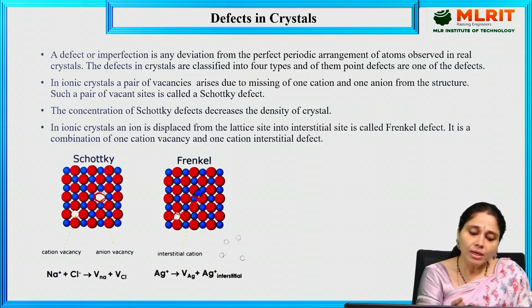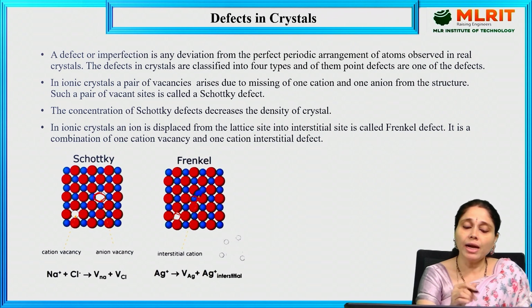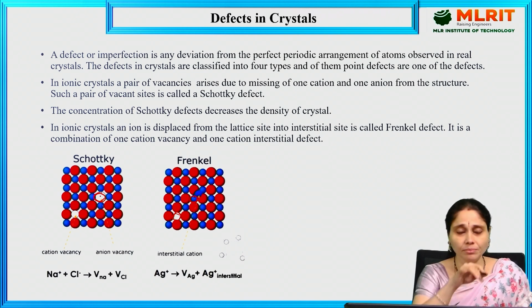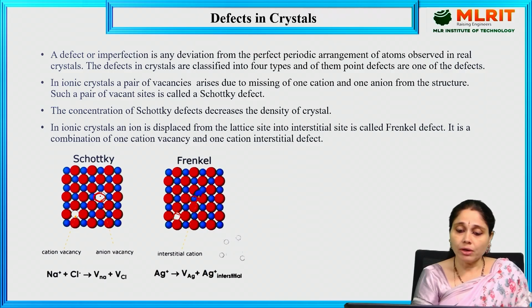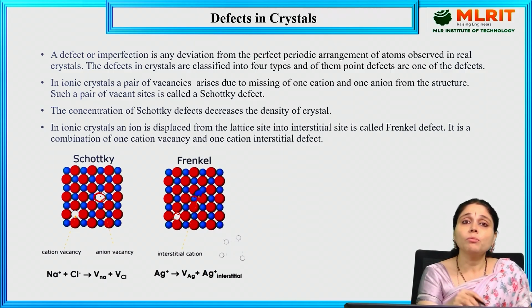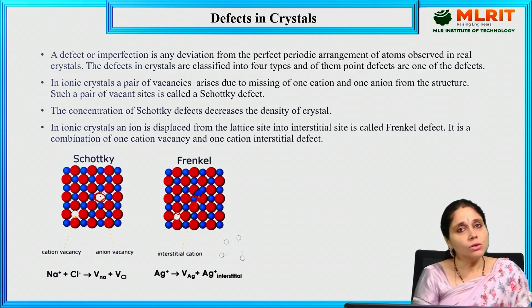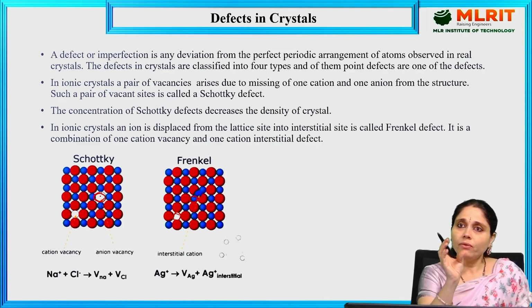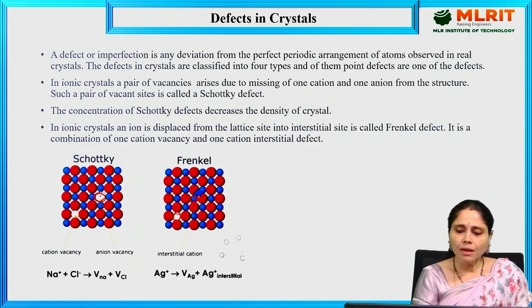Schottky defect means just a vacancy will be created; the atom will be removed from the particular position. Okay. So, the concentration of Schottky defects decreases the density of the crystal since the atom is removed completely. So, it obviously decreases the density. But it is not the case for Frenkel defect.